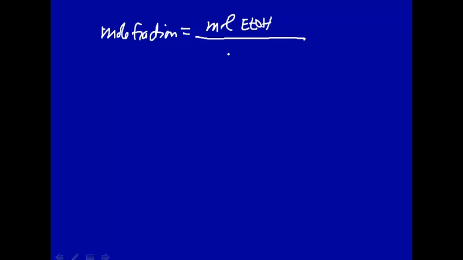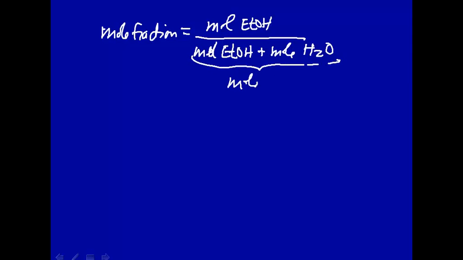So remember, mole fraction is a mole, in this case mole of ethanol, divided by total moles, and let's assume the blood is all water. So this would be mole of ethanol plus mole of water. And let's assume that the ethanol concentration is small enough, so this would just be mole of water. So we look at this ratio, and let's convert that to volume percent.